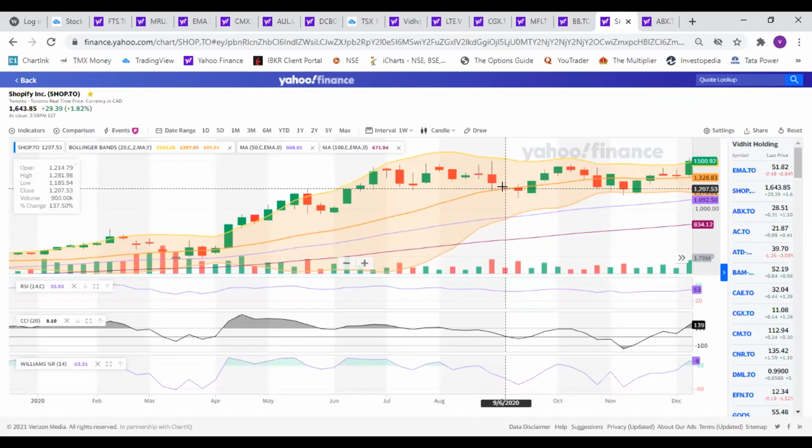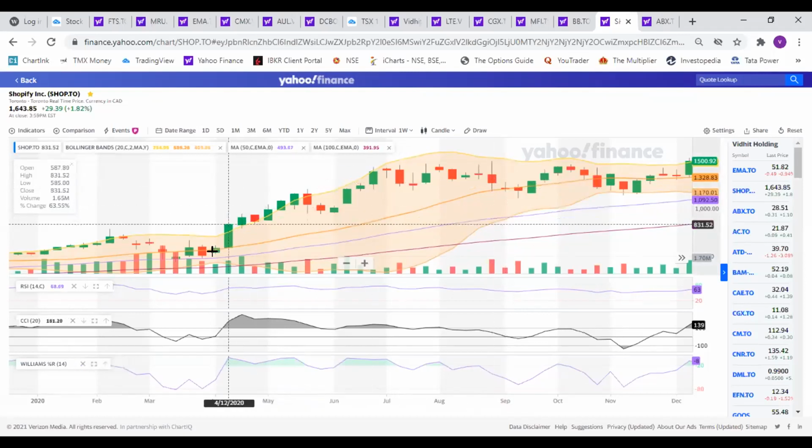Now compare this and check this out on the 3 indicators that we are using. What is the Williams %R showing you? -3, right? Why? Because it has suddenly shot out.